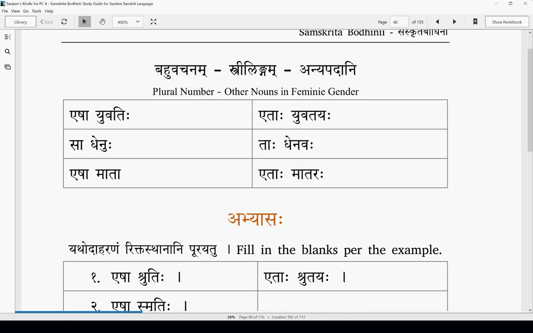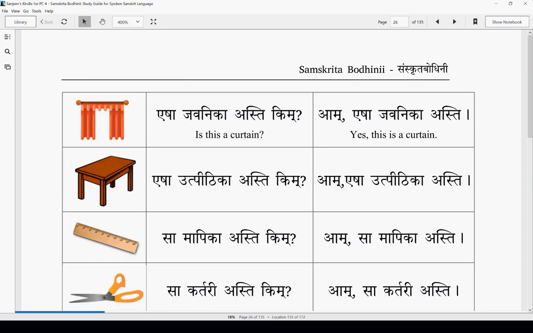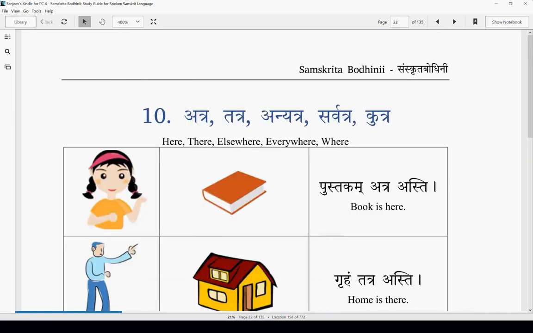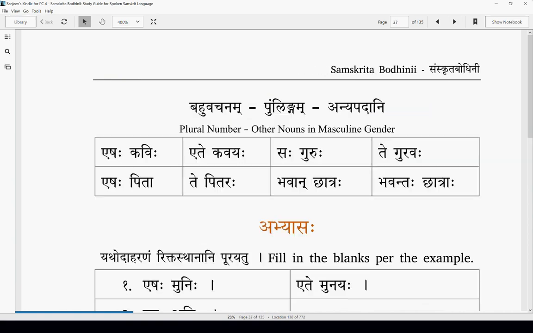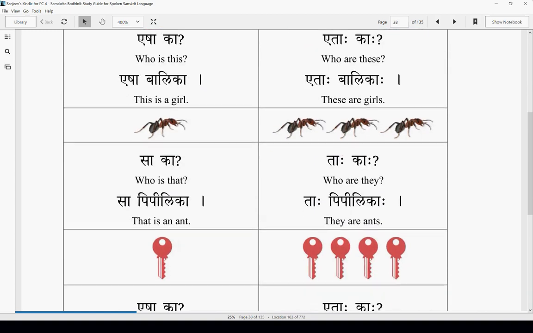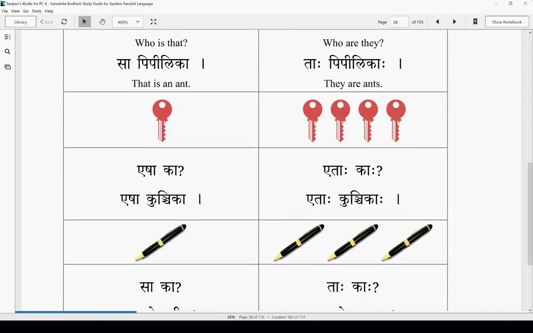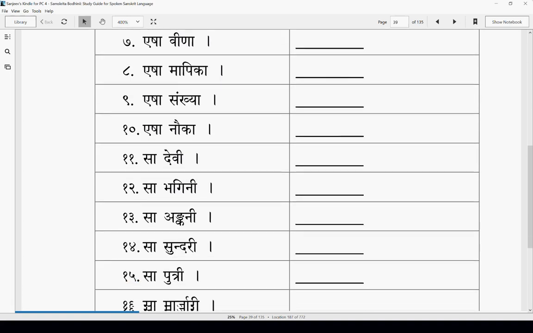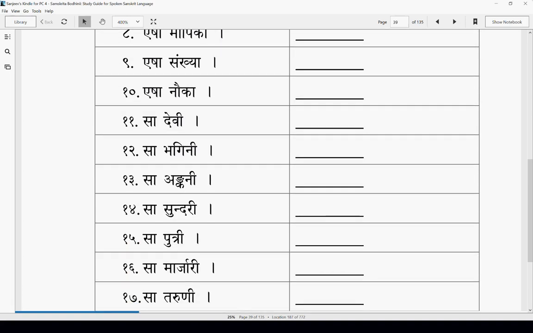Similarly, there are other Strilinga words not ending in A and E. A and E are our major focus words, right? A and E, like here: Balika, Pipilika, Kunchika, Lekhani, and here also Kanya, Sankhya, and the Dirgha ending E. These are our focus or study words.